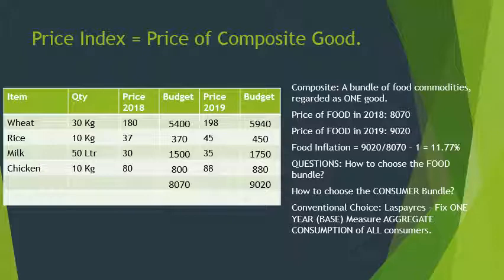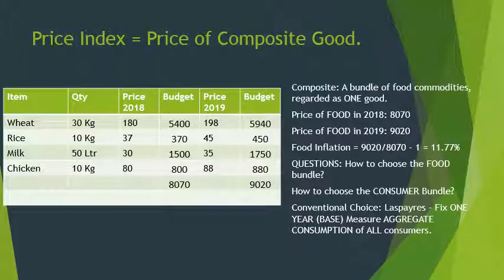Now we take these same commodities, the same amounts, 30 kilos of wheat, 10 kilos of rice, 50 of milk and 10 of chicken, and we multiply these by the 2019 prices. So we get the budget in the last column for 2019, and so these same four commodities in these precise quantities would cost 9,020 in 2019.